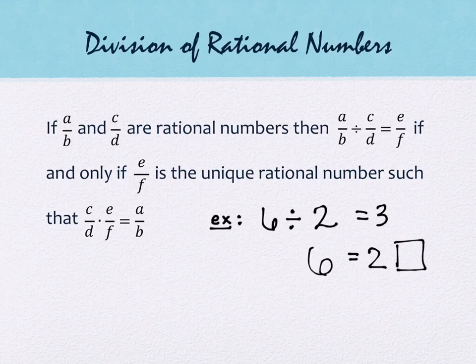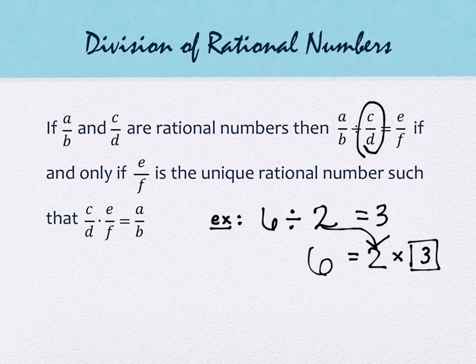Right? Because the reason we spend so much time, and the reason I tell my child specifically that it's so important that they know their multiplication facts, is because it makes division easier. Because if you already know one piece of it, you can turn the question around into the piece you already know once you're talking about division. So the reason that 3 is the answer is because this 2, when moved to the other side, just like it's showing you this c over d moved to the, well, I shouldn't say to the other side.